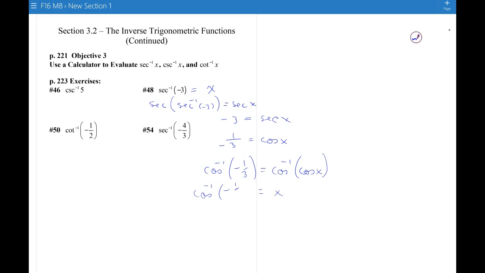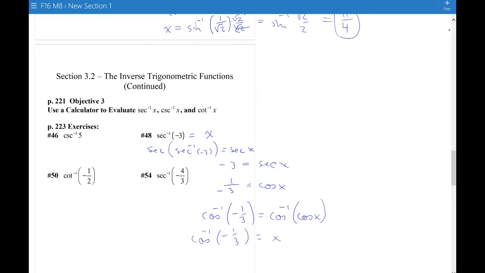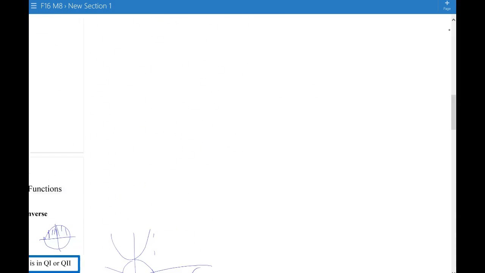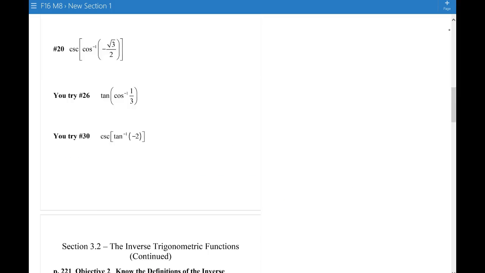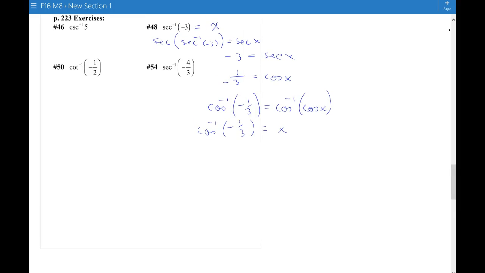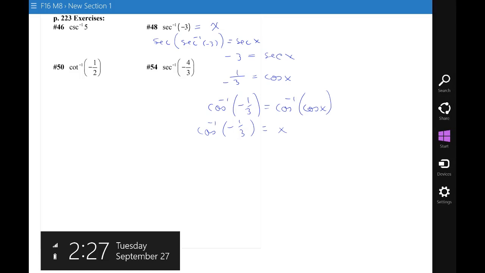So it's cosine inverse of negative 1/3, which you're going to do on your calculator. Okay. So Objective 4 we'll work on together in class, and that's it for this lesson.